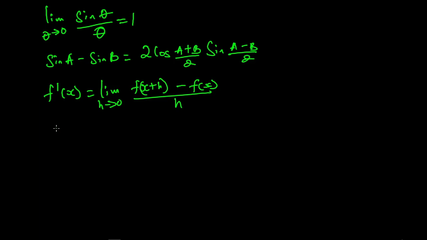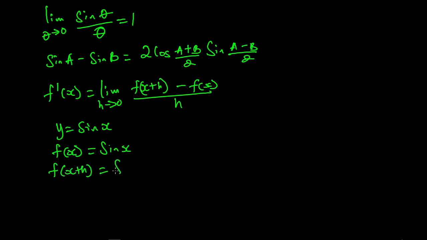Now, given that our y is equal to sine x, which is what we want to find its derivative, to factor this into this formula, our f of x is equal to sine x, and our f of x plus h is going to be sine x plus h. Wherever you see x, you just replace it with x plus h.